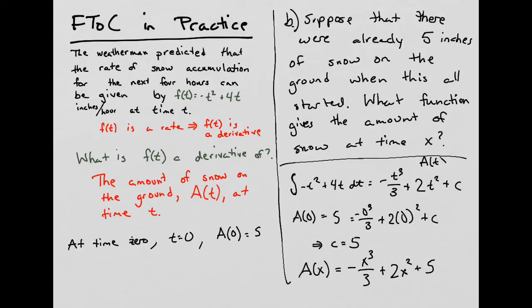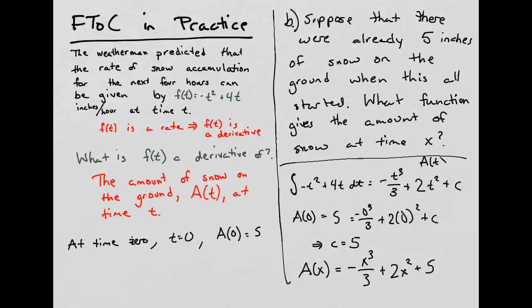Now you might be wondering, why did I change the variable? Now in this problem, it doesn't make a lot of sense. It would have just been fine to keep the t, but this is actually an example of the Fundamental Theorem of Calculus Part 2.